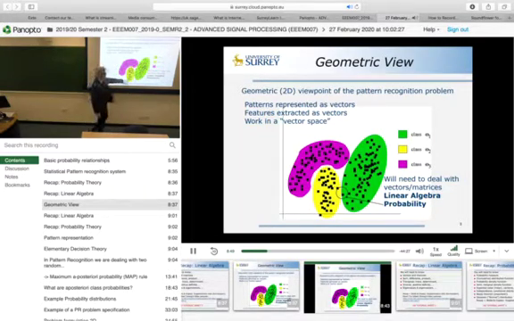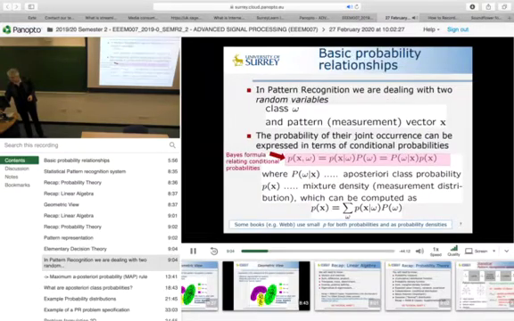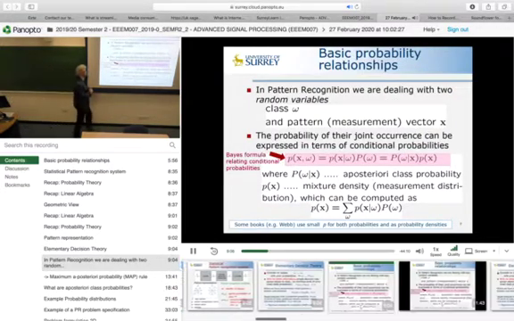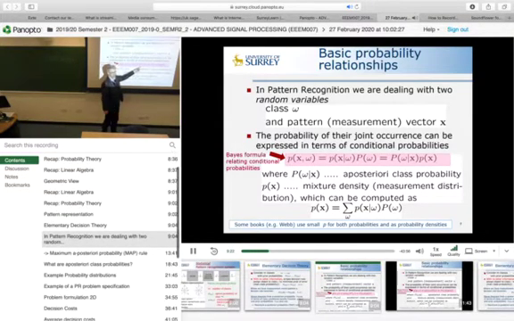If I knew I was in class omega 2, there's a probability cloud over here. So this is our probability of X given omega. That's the one for each class, and then to construct this joint distribution, I need to multiply that by the probability of the individual class. If they're equal, this is easy, and this is a half, but in many cases they're not equal.